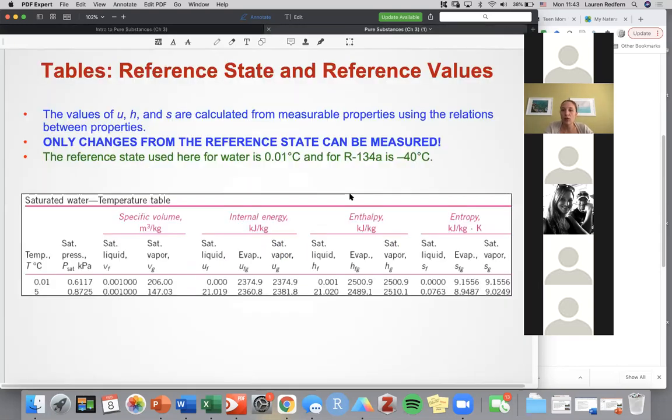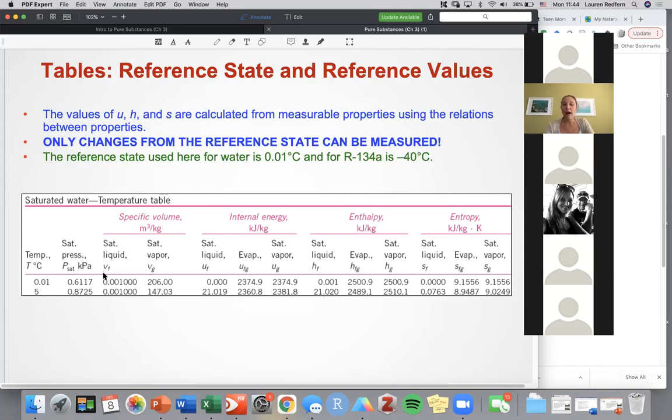When I look over at the other document for your module, this is the pure substances chapter 3. I think it's called calculating pure substances. This is relating it back to when we first went over the appendices tables, the tables in the back of your book on page 933. If we're looking for specific volume, internal energy, enthalpy, or entropy for a given substance, water or R134A refrigerant is what we're going to be looking at.